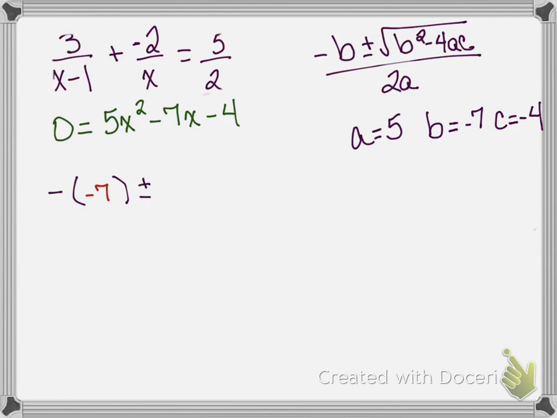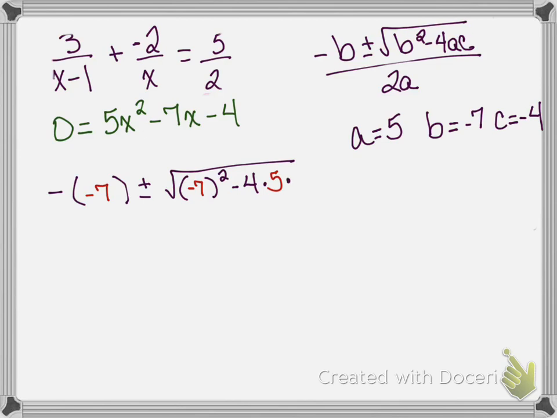Then I've got plus or minus the square root of b squared. And again, b is negative. And what is a negative number squared? A positive. That's the second place that students make mistakes. They keep b squared negative, even though a negative times a negative is a positive. Okay? Then I've got minus 4 times a times c.